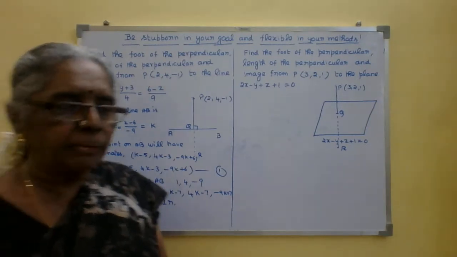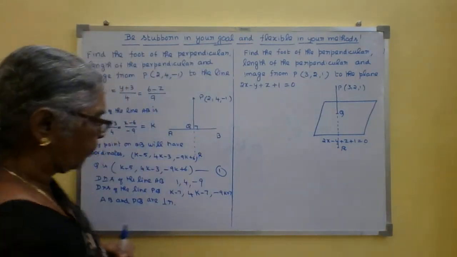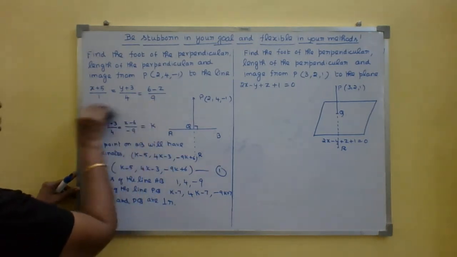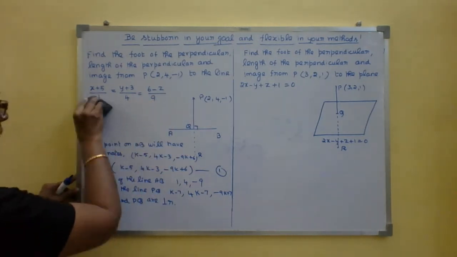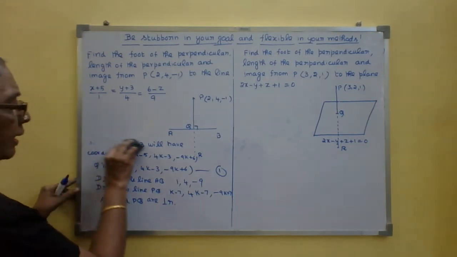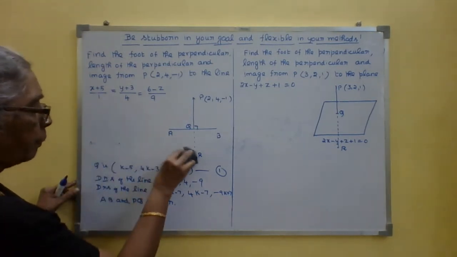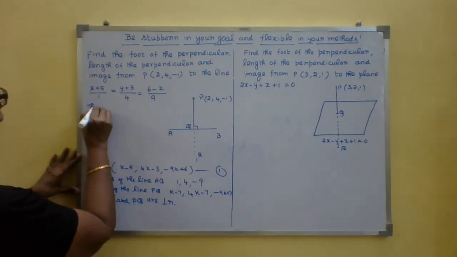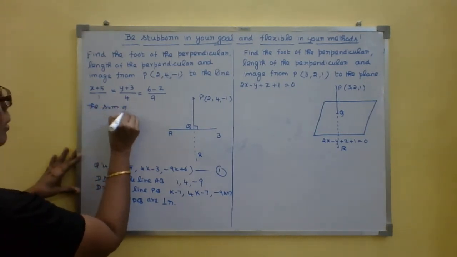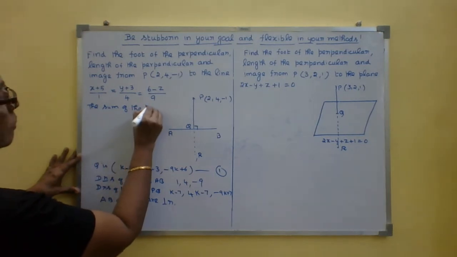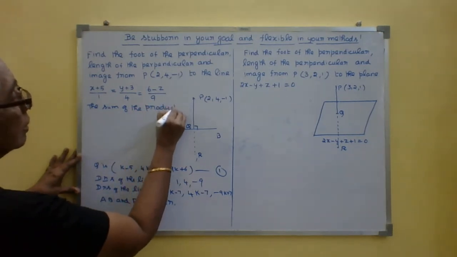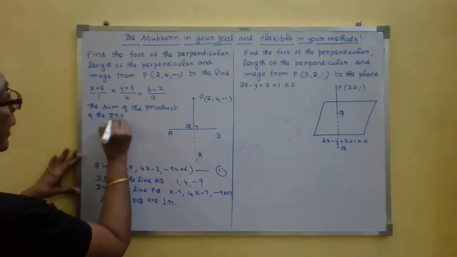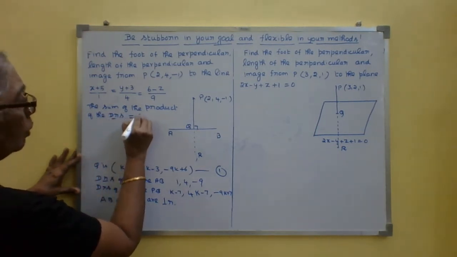So now I know the DRs, and I will proceed to the sum of the product of the DRs, DR means direction ratio, is equal to 0.